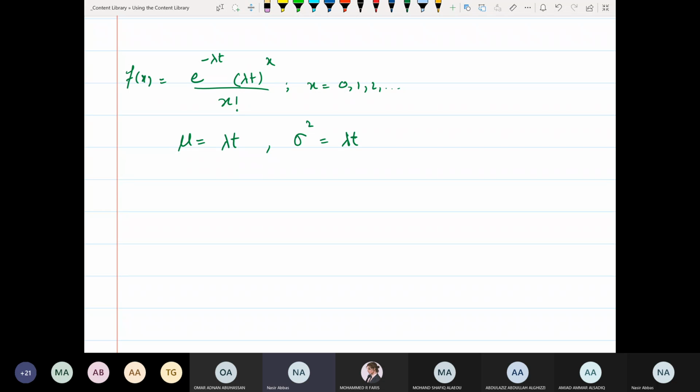Now, what we did in binomial distribution was as follows. Whether with replacement or without replacement, I'm not going into that discussion. We were interested in a variable X that was the number of successes.